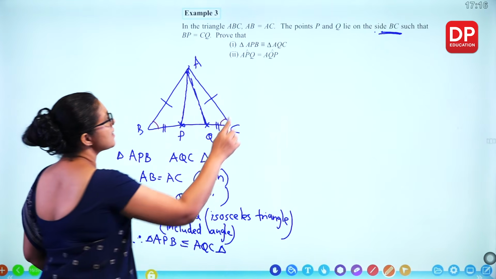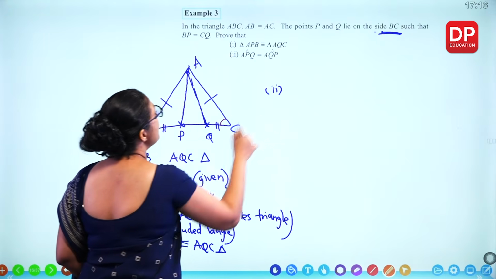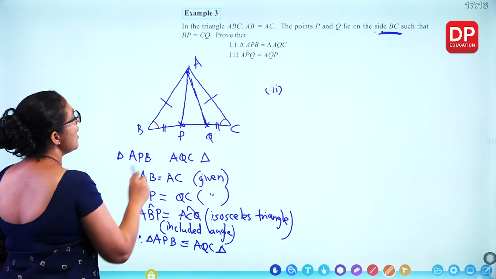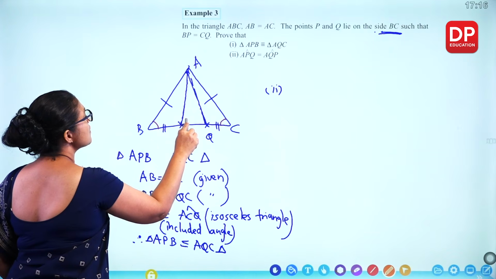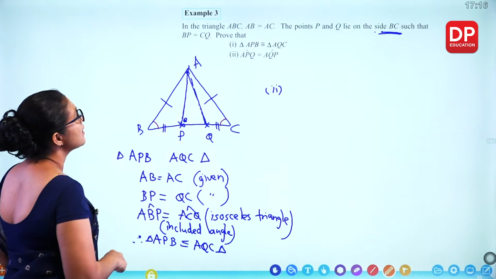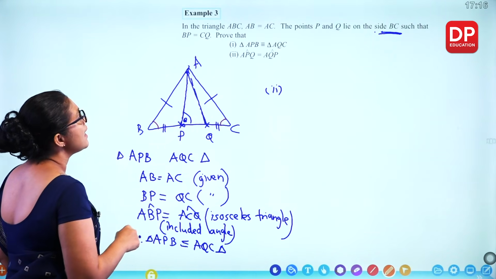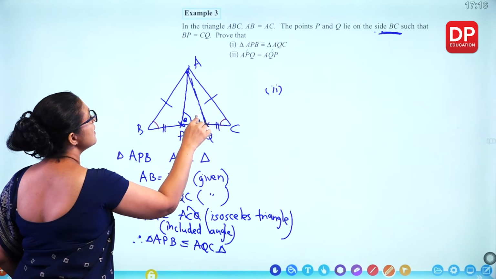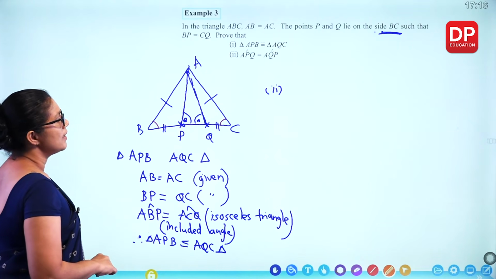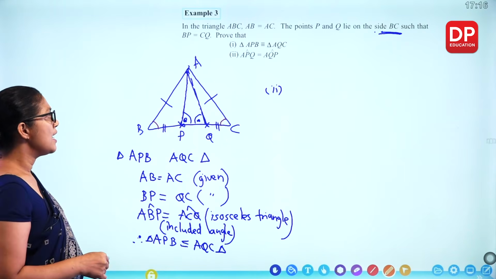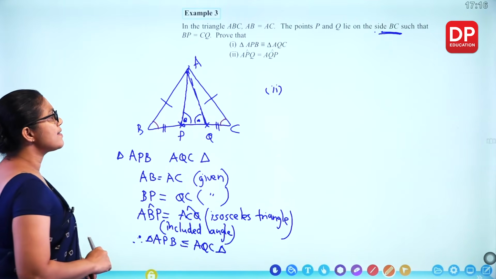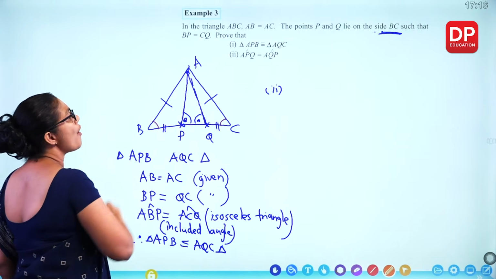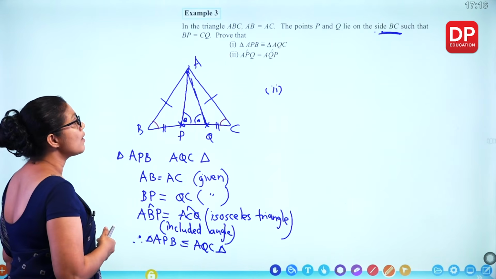Now the second part says angle APQ, angle APQ. So this is this one. We'll mark it like this. And angle AQP are equal. So how can we say that? We know these two triangles are congruent. So we can say the corresponding elements are equal.